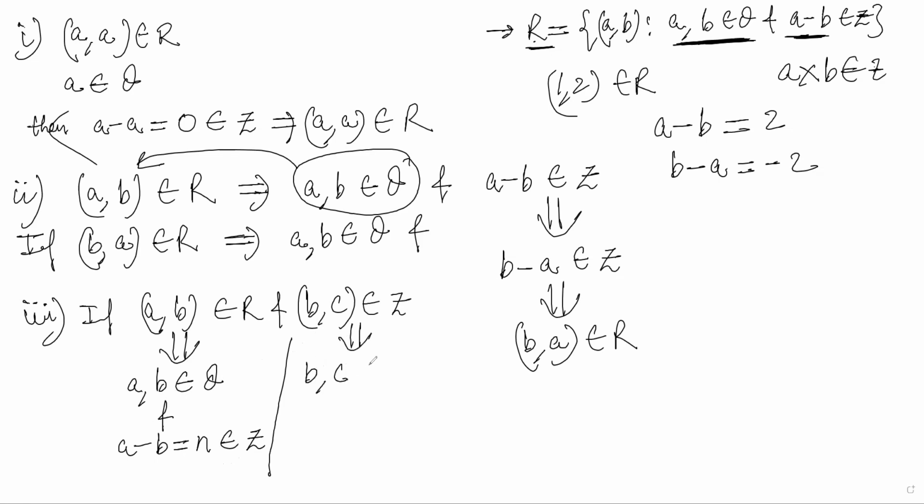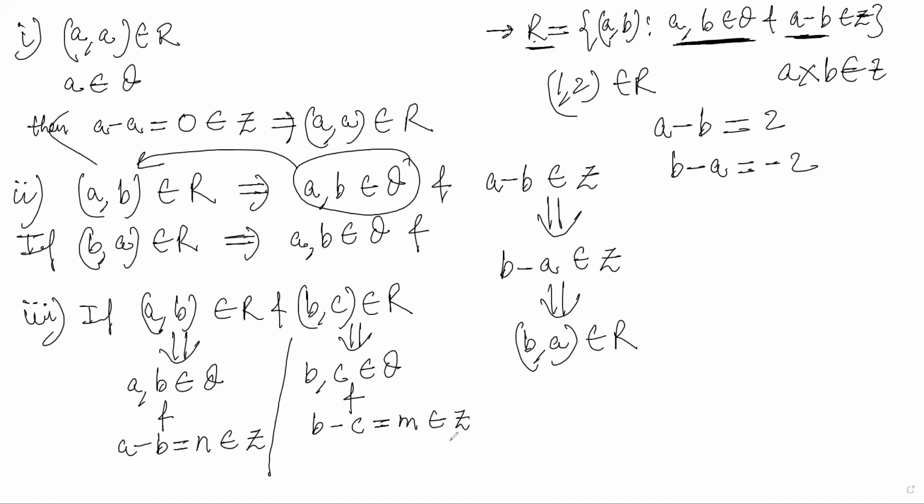Now, what does this imply? B minus C is equal to some other integer, right? Sir, B comma C belongs to Z or belongs to R? Sorry, not Z. It should be the R relation. So if B comma C belongs to R, then B comma C belongs to Q. Yes, I have taken that integer as n.